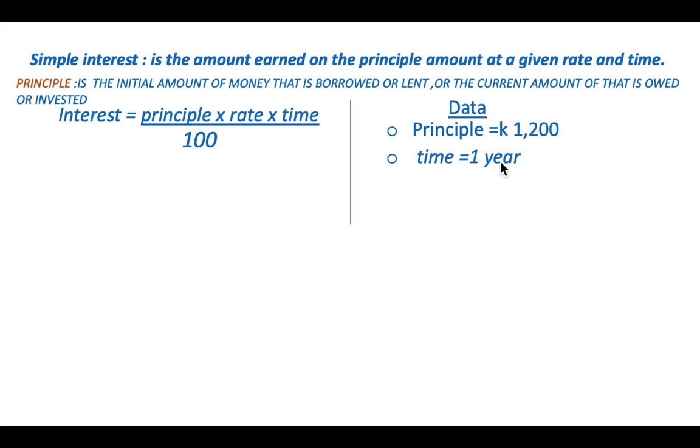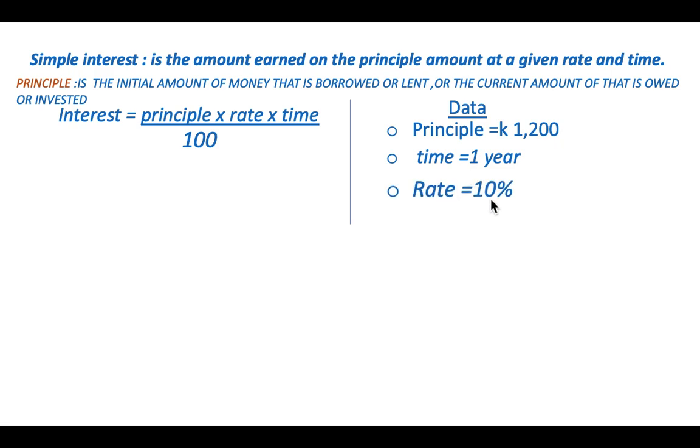If you are given time in months, you divide by 12, since 12 months is 1 year. So you divide the given period of time by 12 if time is in months. But if time is already in years, you apply it directly. So our time is 1 year.